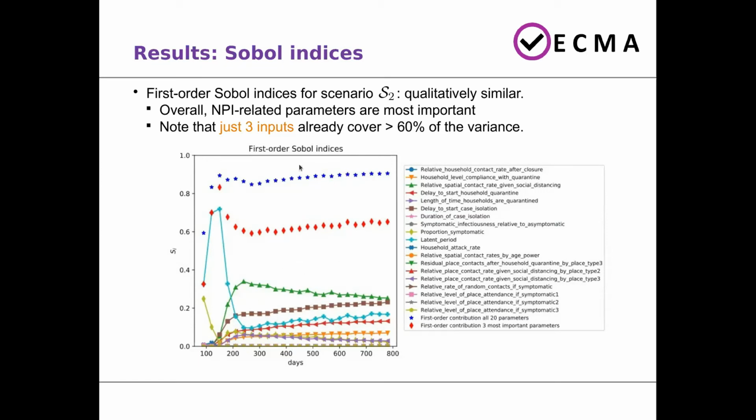And you can see that even though we have a high dimensional input space, just these three inputs together, which is the red diamonds you see over here, already account for more than 60% of the variance. So this is quite a general result. In most models, you will see something like this, I think: just a small number of inputs will account for most of the variance.